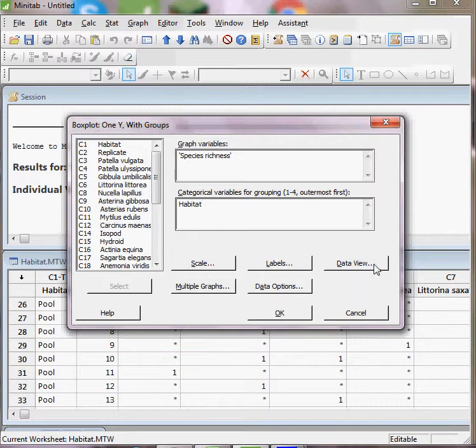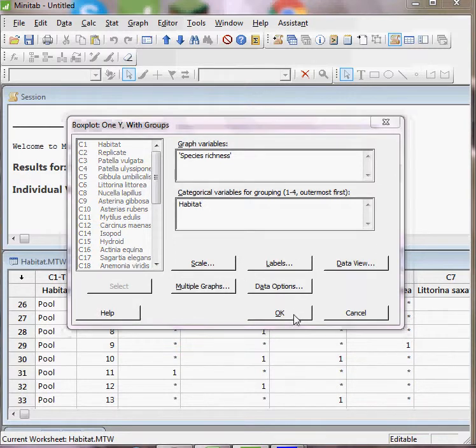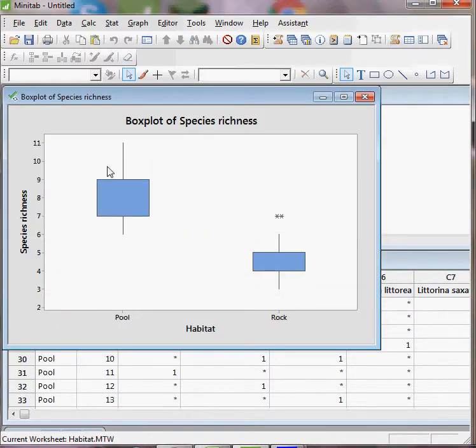Again, we should select the labels and axes options appropriately, but if we just have a look at the visual, we get a box plot of species richness.